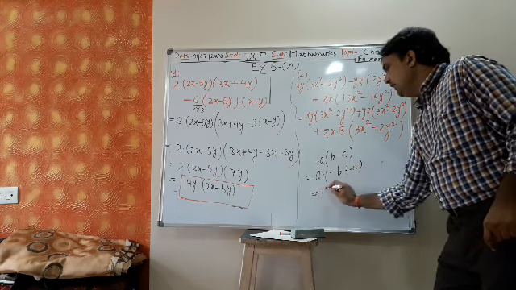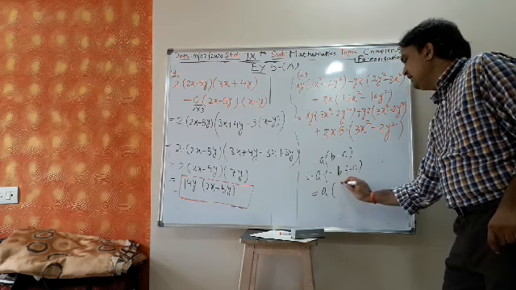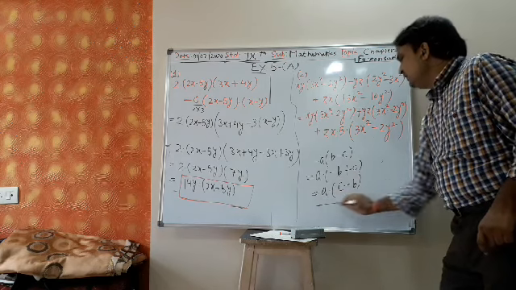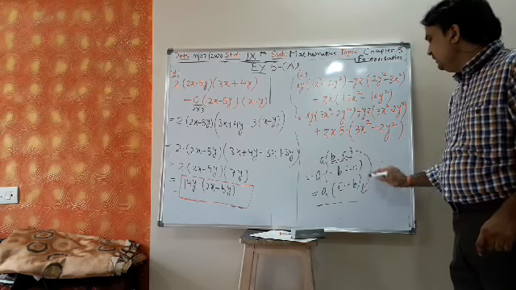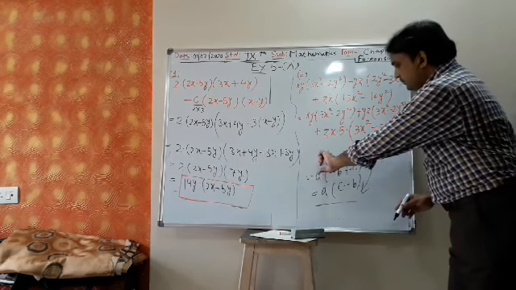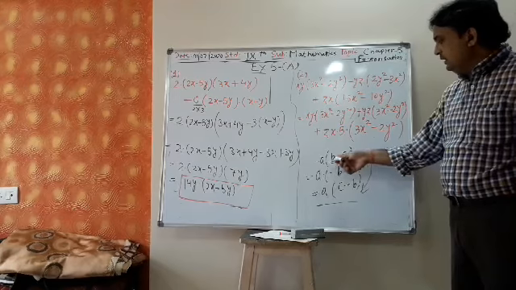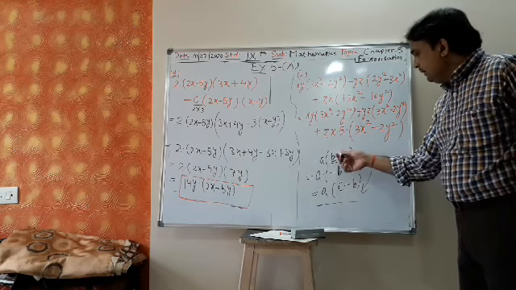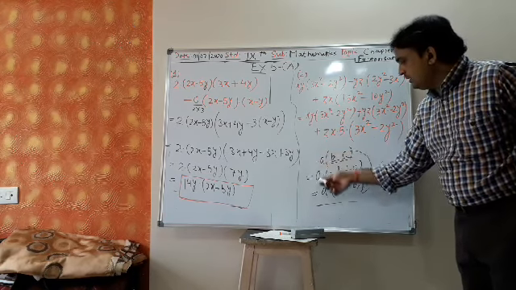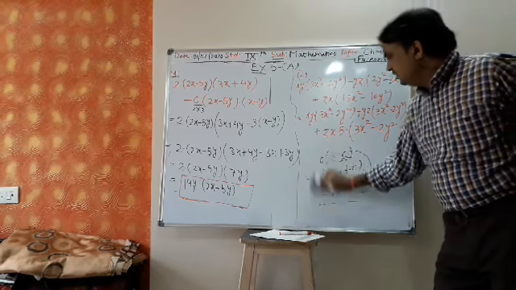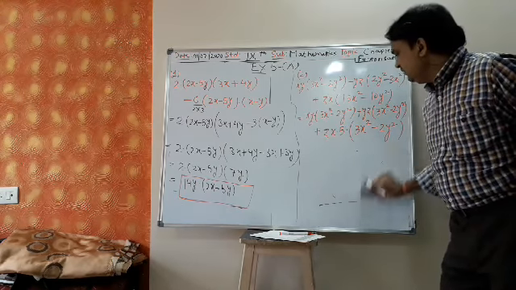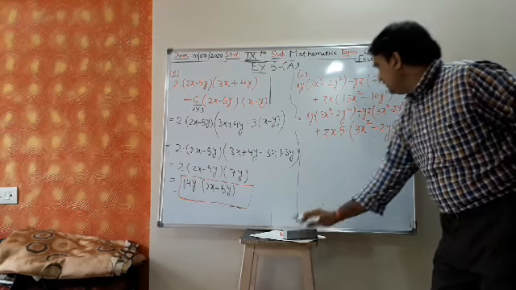So it becomes a into minus b plus c, which I can write as c minus b. So what is happening when you write b minus c as c minus b? Minus goes outside, minus minus become plus. Is it clear?